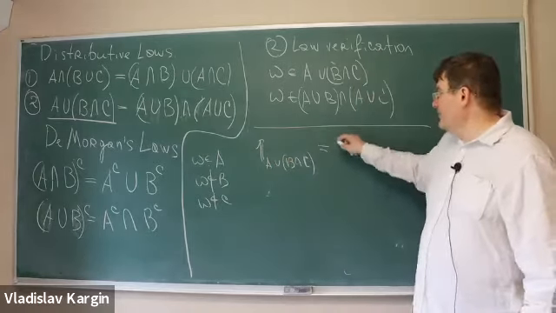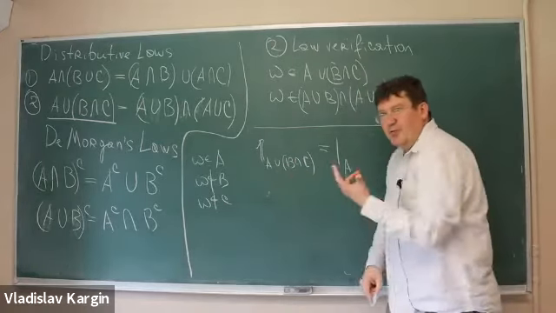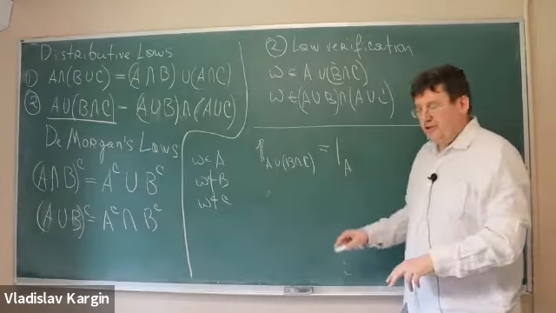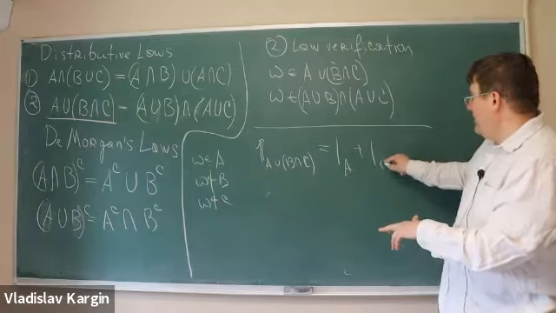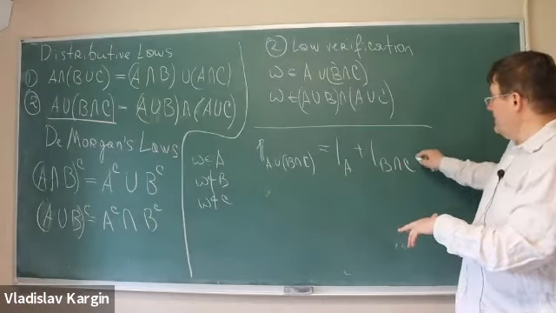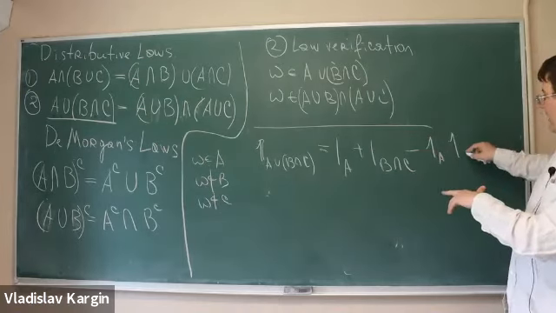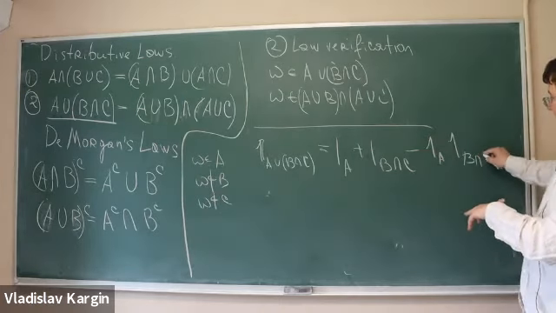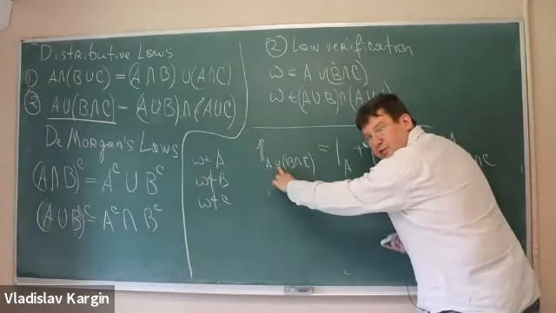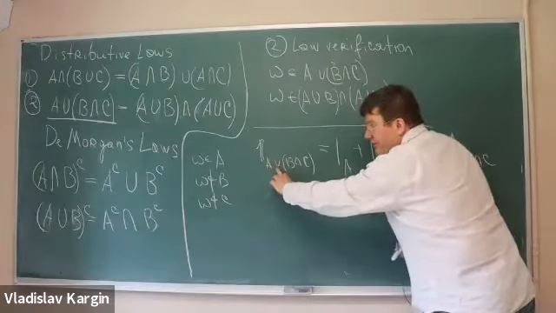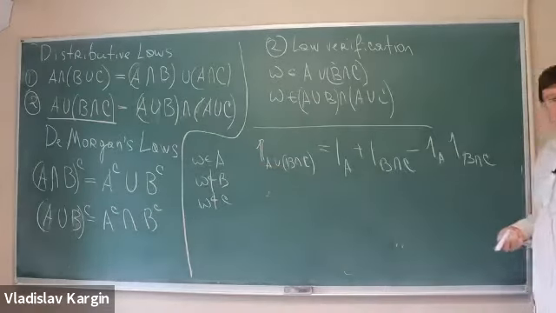It's equal to the indicator of A, and for the union, remember, it's sum minus product. So 1 of A plus 1 of B intersect C minus 1 of A multiplied by 1 of B intersect C. This is the property of the indicator function for the union.